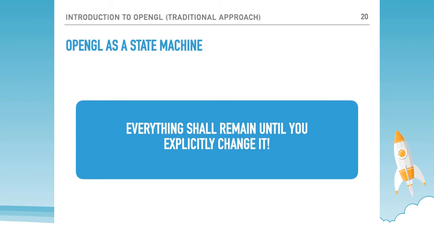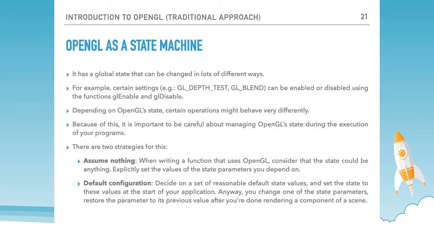So, we define OpenGL as a state machine because everything shall remain until you explicitly change it. It has a global state that can be changed in lots of different ways.